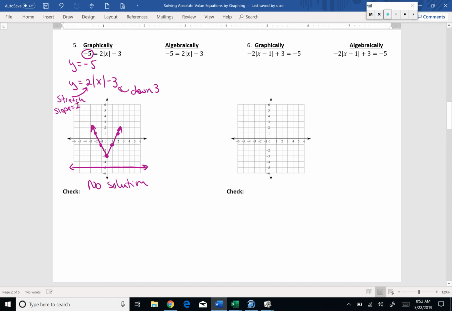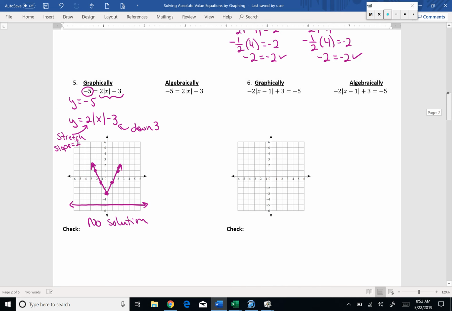We had solutions. So you cannot just automatically say, oh, the y equals a negative, nope, it's going to be one of those no solutions. Graph it and see.